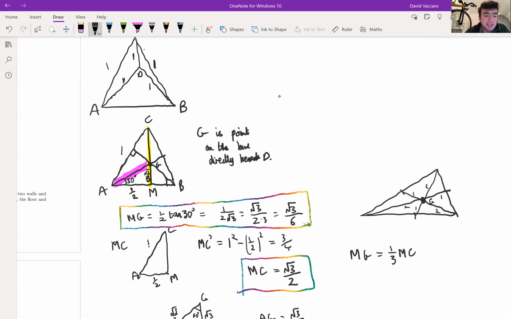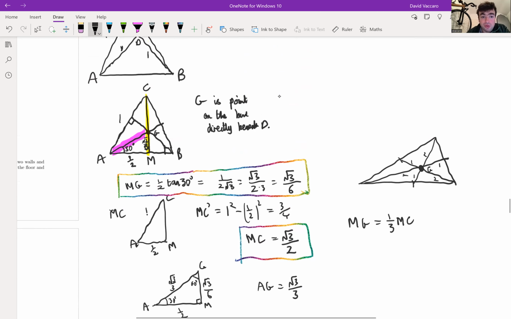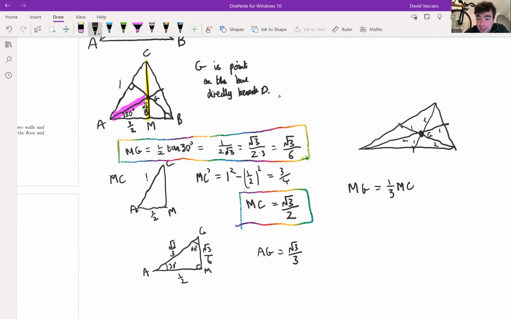Okay, I think the section of this sheet that this was in was "cherchez the triangle." So what we can now do is get a right triangle with side length AG, and G is special because it's the point exactly beneath D. So we can now draw the triangle AGD.